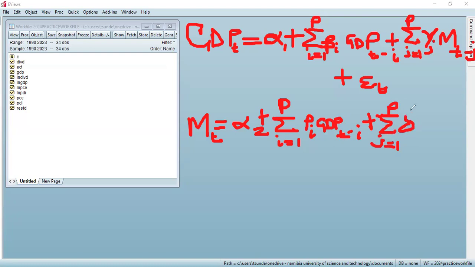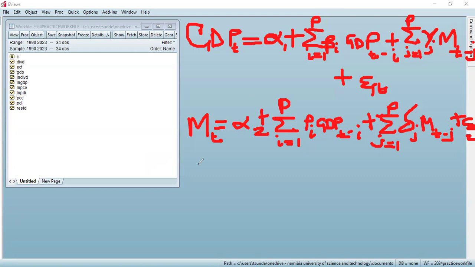We can use this as our parameter, then M T minus J plus white noise error term. We can call it E2. This is E1T. The other one is E2T. All right, so this is the model that we started off by looking at.